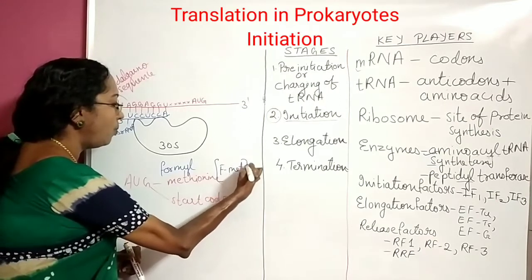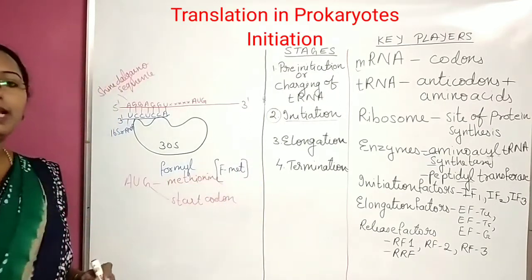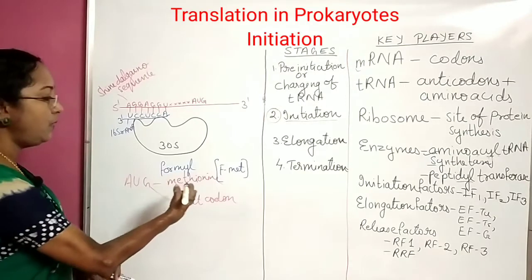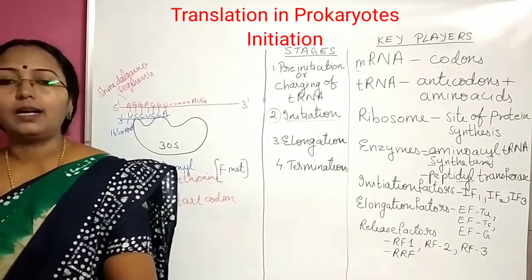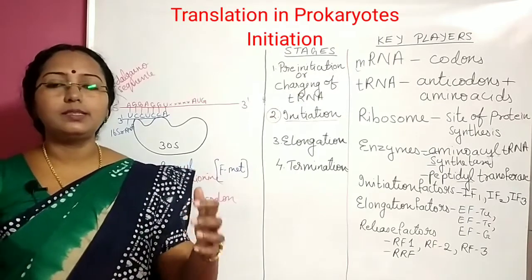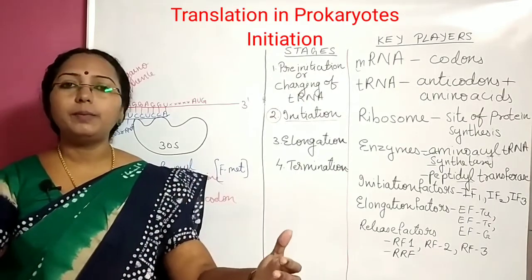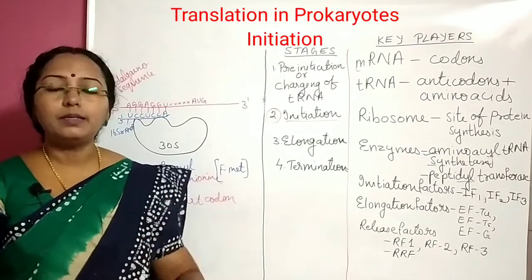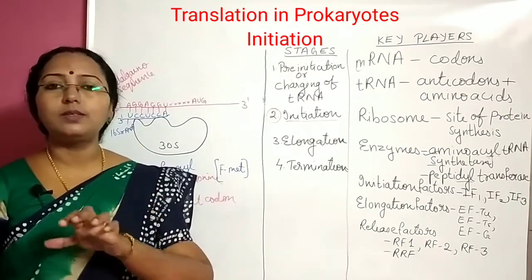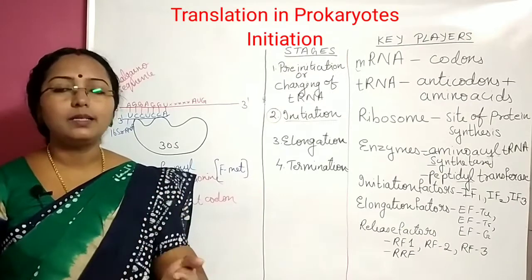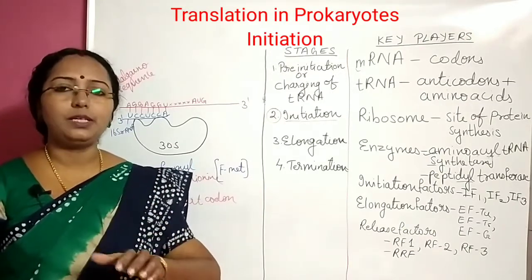Formyl methionine, or in short FMET. Usually AUG codes for methionine, whether it is at the start or in between, wherever this AUG comes, it codes for methionine only. But for prokaryotes alone, the initiator AUG is not coding for methionine, but it undergoes a bit of modification, formylation.